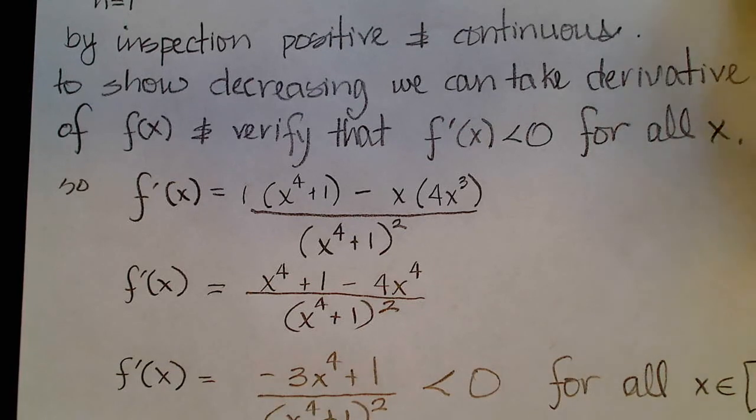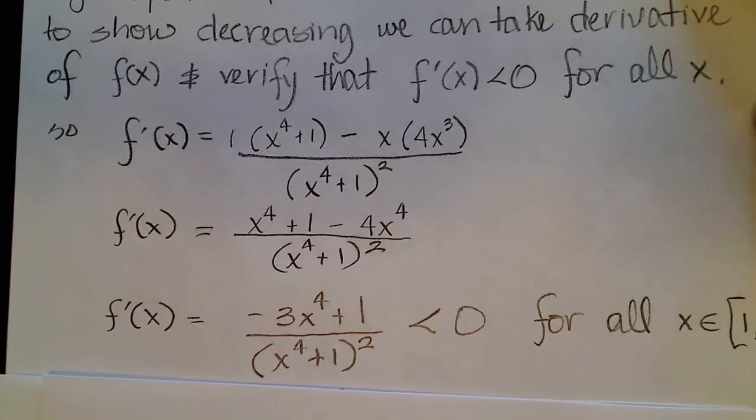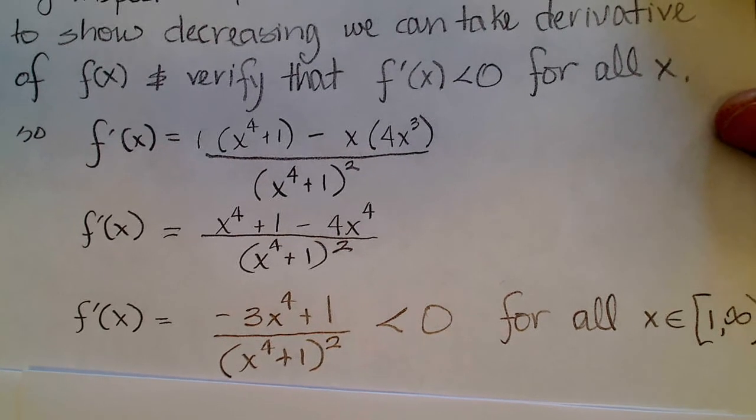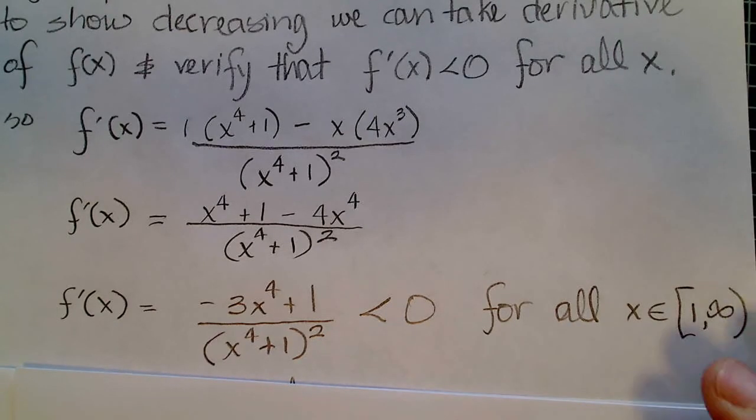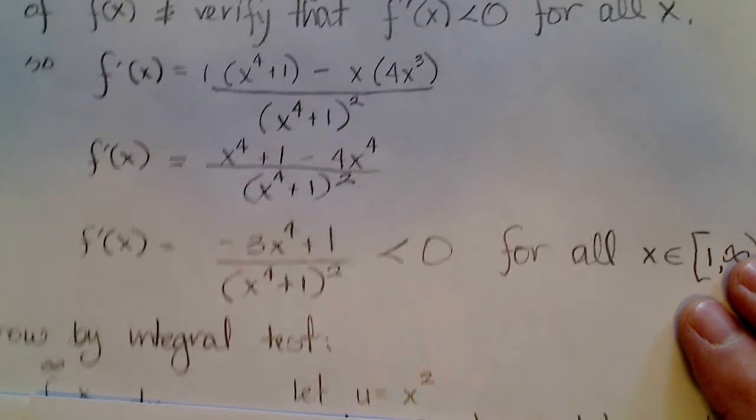And here we see the derivative is negative 3x to the 4th plus 1 divided by the quantity x to the 4th plus 1 squared. Well, that's going to be negative for all x in the interval 1 to infinity. So we're good. That means it's decreasing, and we can go ahead and use the integral test.